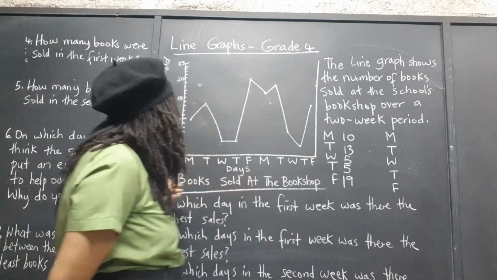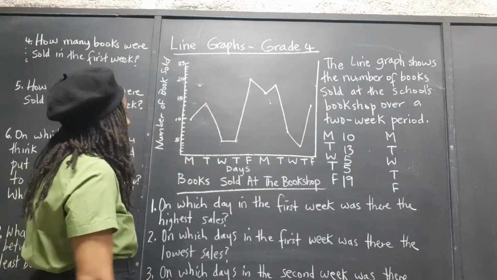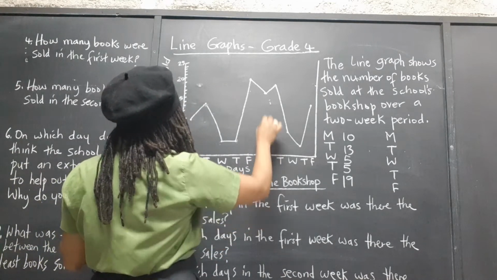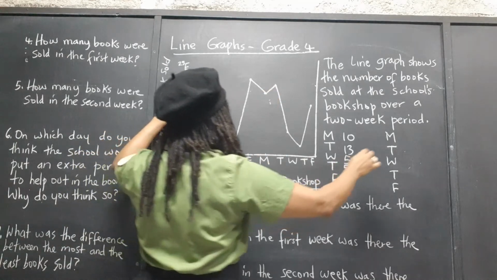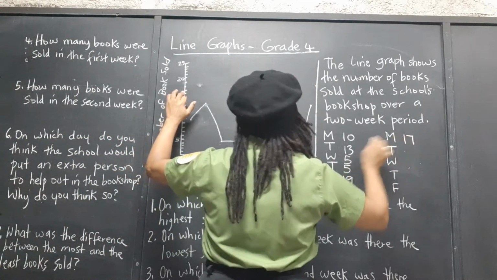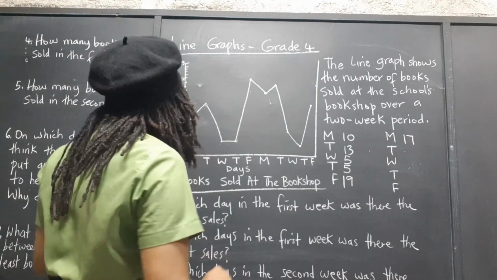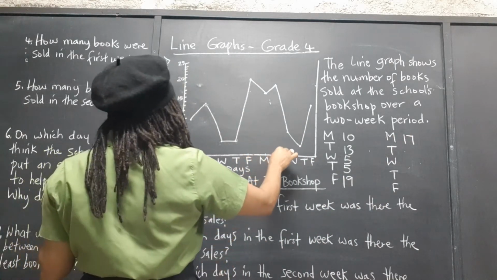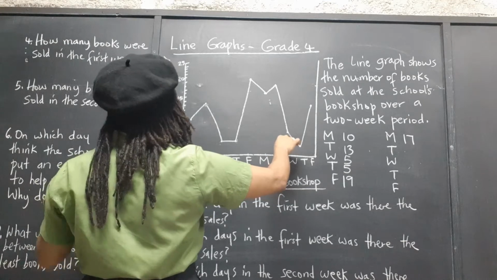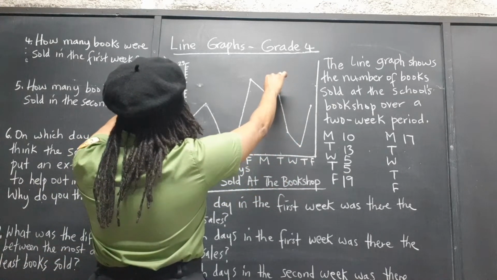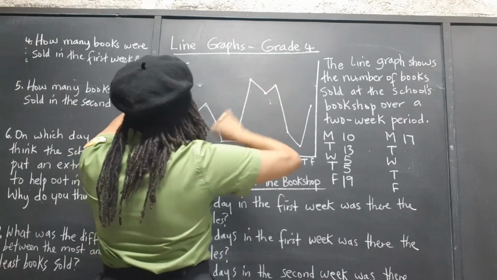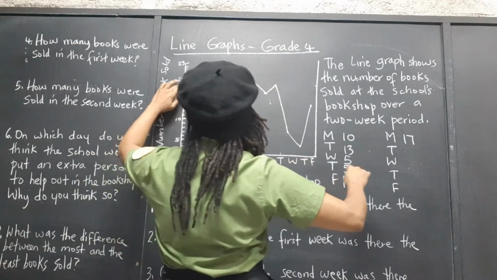Let's see what happened the second week. So on Monday, 17 books sold. Tuesday, that's 19 books sold.